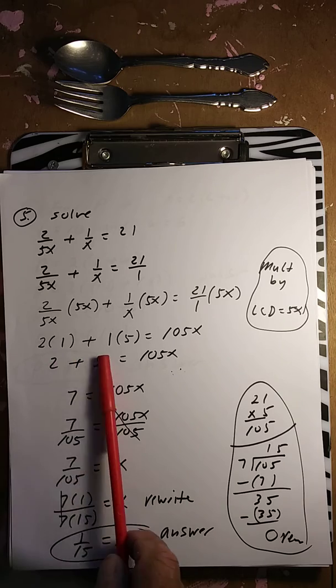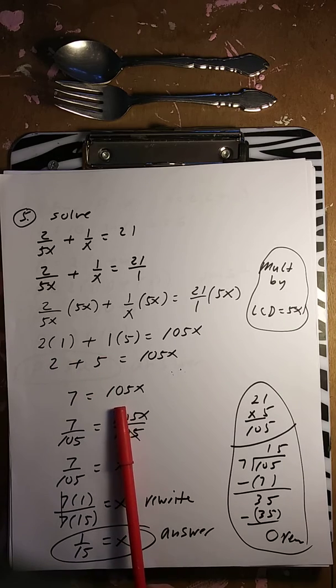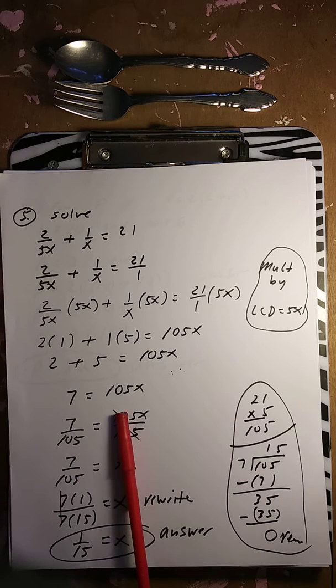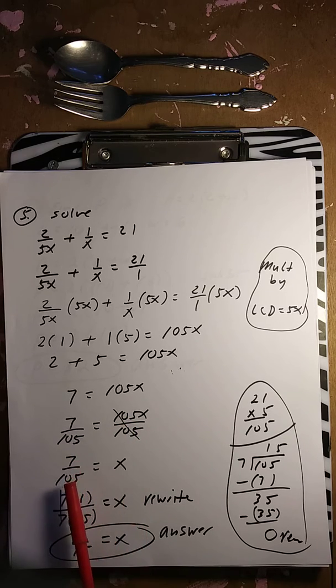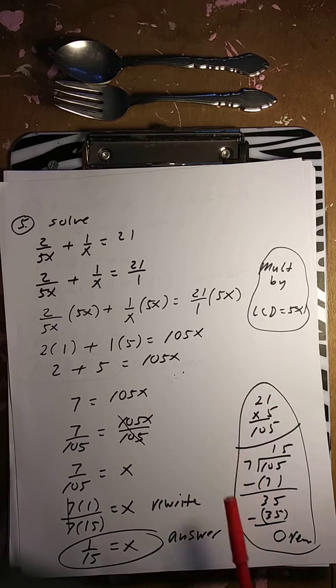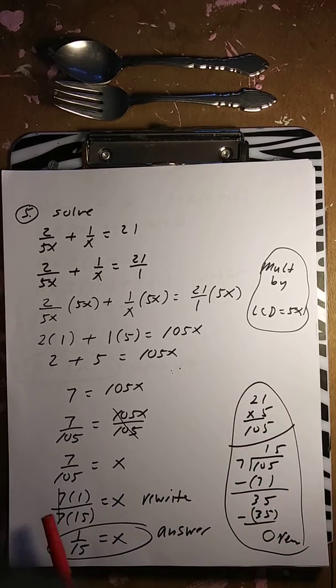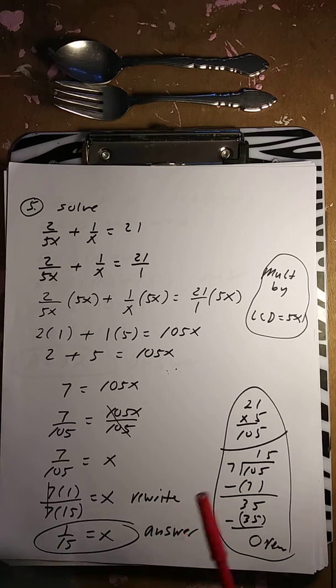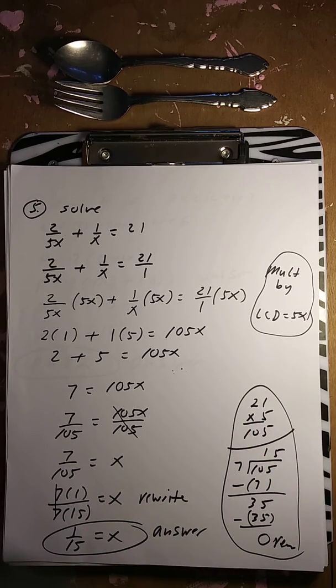So that's going to be 7 equals 105x. And divide by 105, these are gone. But 7 over 105 is 7 times 1 and 7 times 15 right here. So we have 7 and 7 cancels. What's left over is 1 over 15.